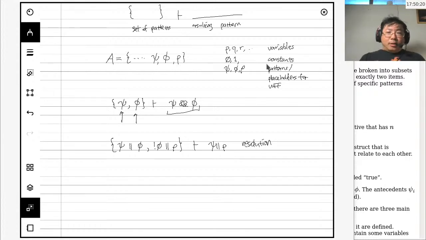I do recommend all of you to at least try to understand these terms. You may not even need to rewatch the whole thing, but I do want to make sure that you understand that alpha is giving us all the basic symbols, constants, variables, and also these basically placeholders for well-formed formulae. So that's alpha.